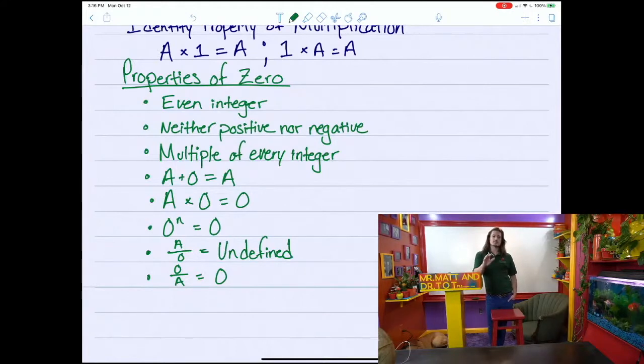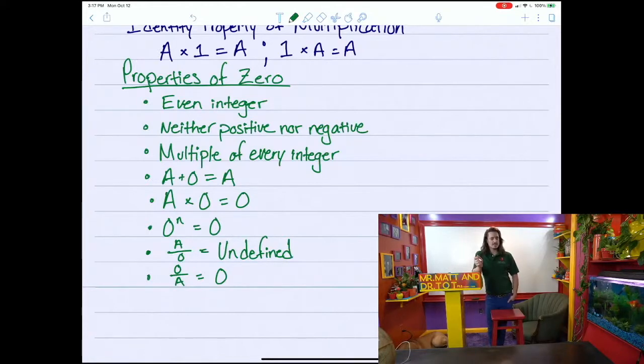If you take 6 cookies and divide them equally among 2 people, each person would get 3 cookies. So 6 divided by 2 is 3. If you divided them equally among 3 people, each person would get 2 cookies, because 6 divided by 3 is 2.